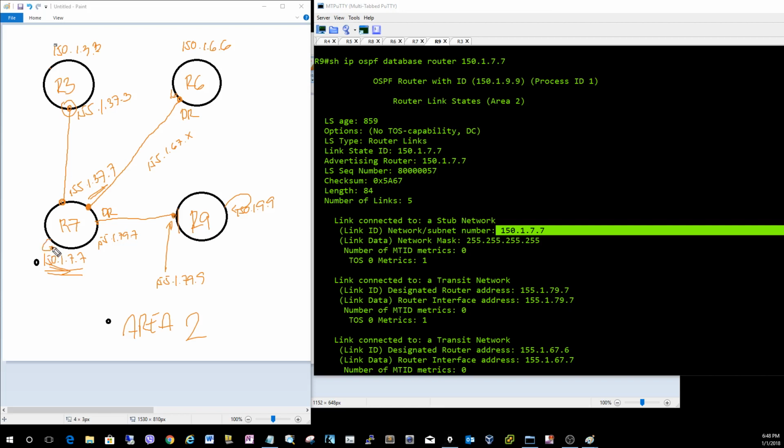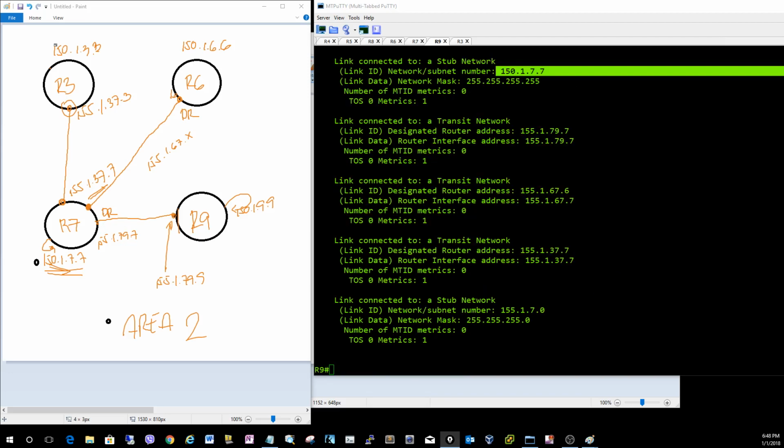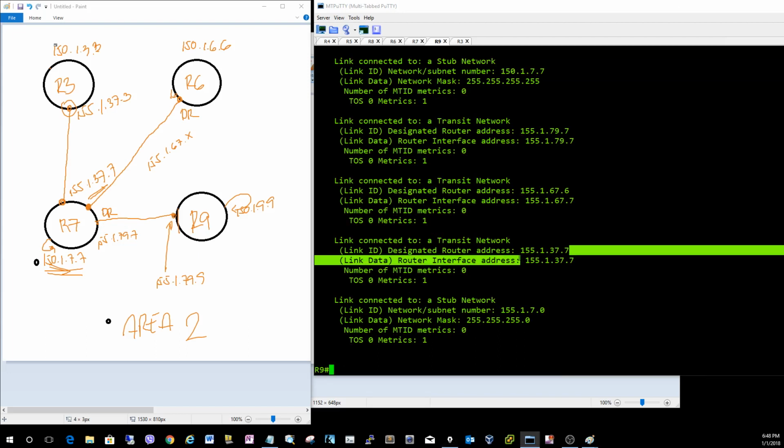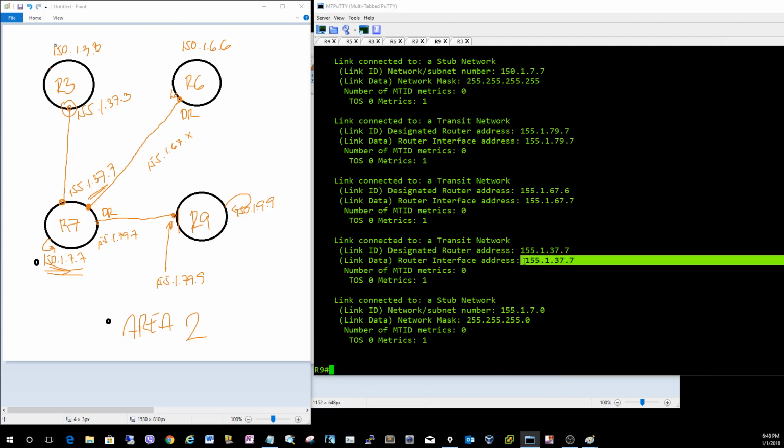It has a transit link, I think we've already solved this one, which is this guy, and he is the DR. And we also got this guy right here. Remember, if the designated router address and the router interface address are the same, it means that on this segment, this guy is the DR.